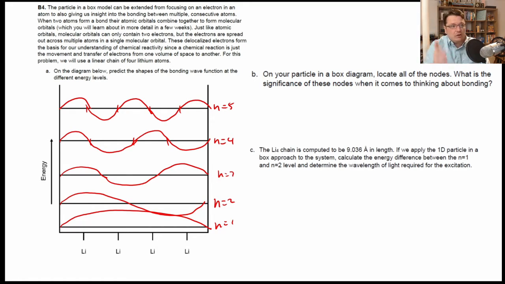Now, the important thing though is that those nodes, if you're putting electrons into those higher energy orbitals and taking them out of the lower energy ones, because you're having less electron density in between 2 atoms, that could result in bond breakage if enough electrons are moved around.